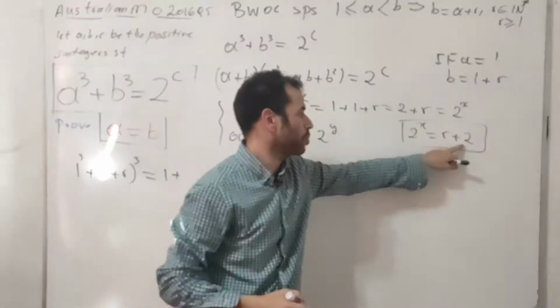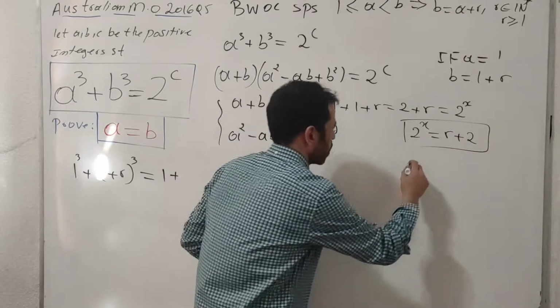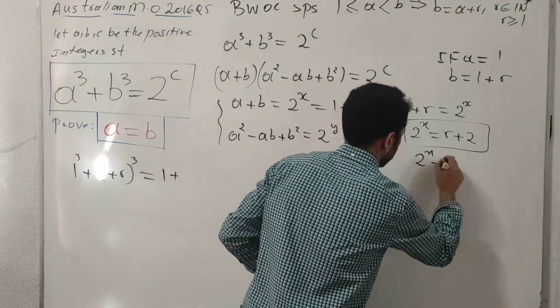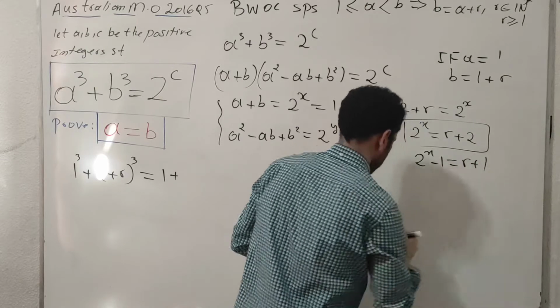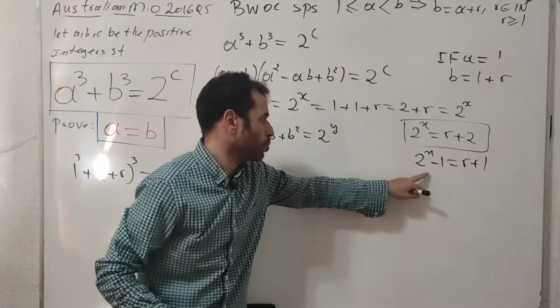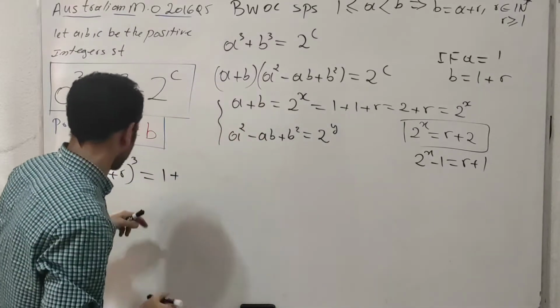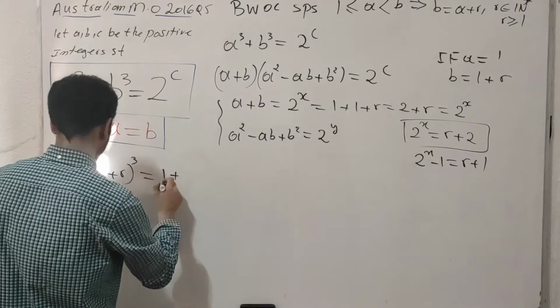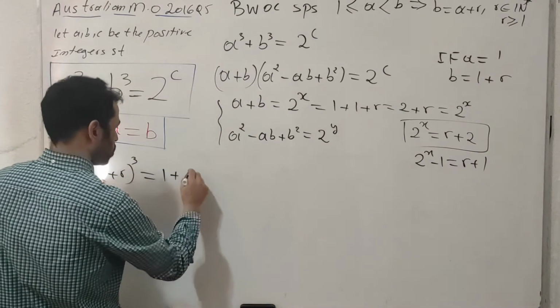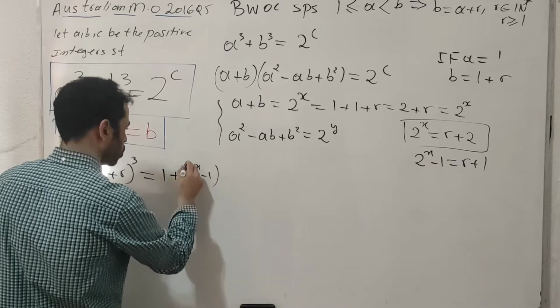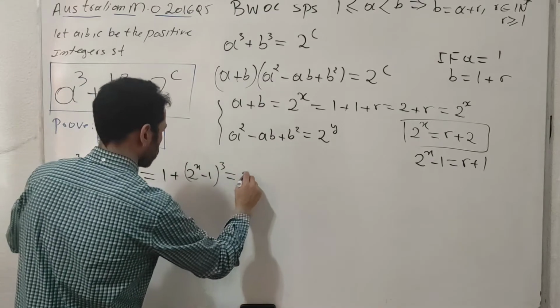Taking 1 to the left, we have 2 to the x minus 1 equals r plus 1. So r plus 1 is replaced with 2 to the x minus 1 in the original equation, and we have 1 plus (2 to the x minus 1) cubed equals 2 to the c.